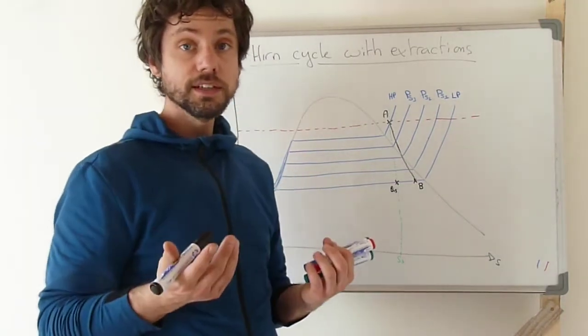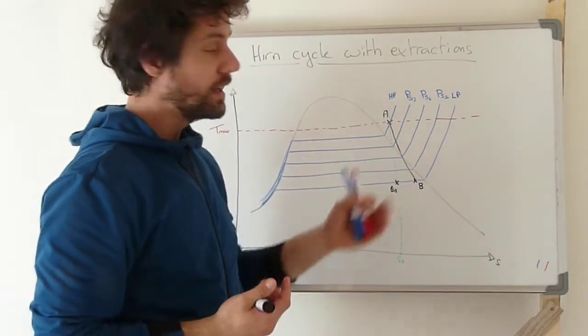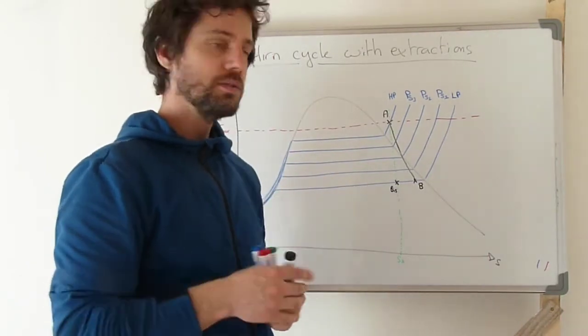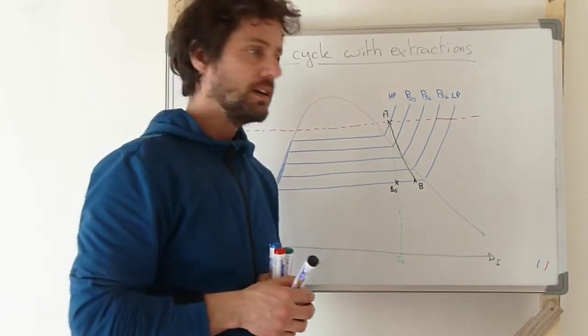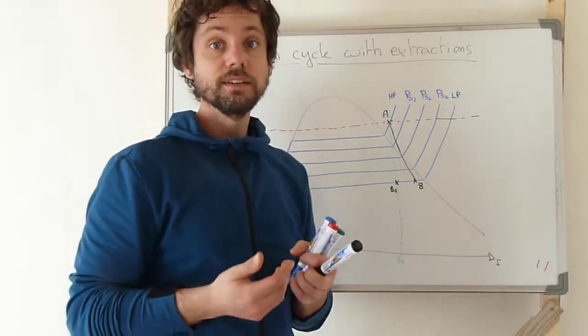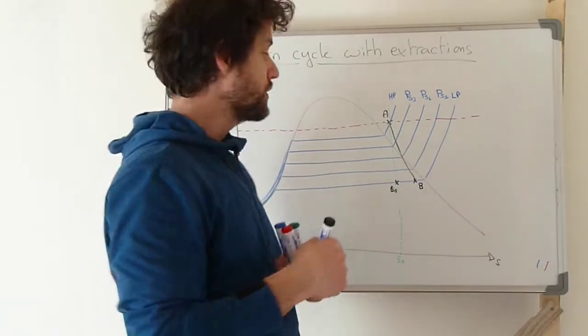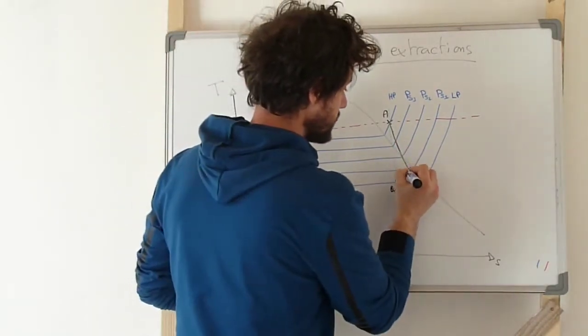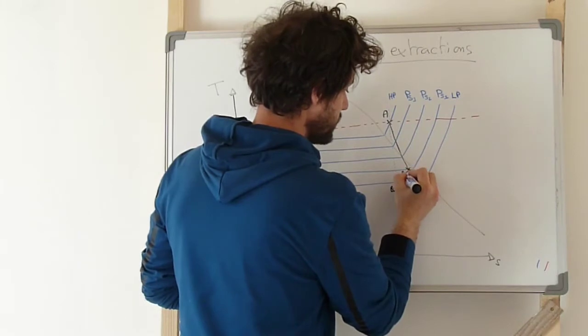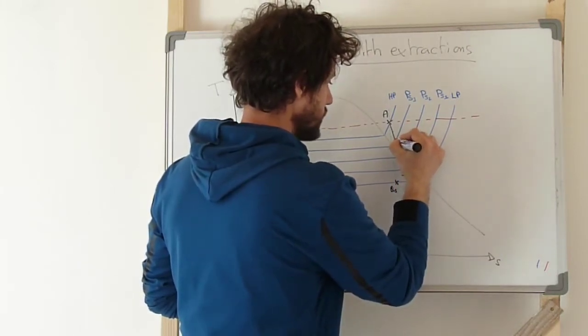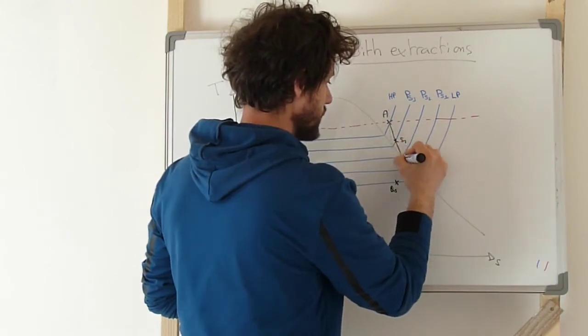Then the cross section between this line and the 3 intermediate pressures corresponding to the extraction pressures will set the thermodynamic state of the 3 points corresponding to the extractions. So that would be the point S1, this would be S2, and this will correspond to S3.